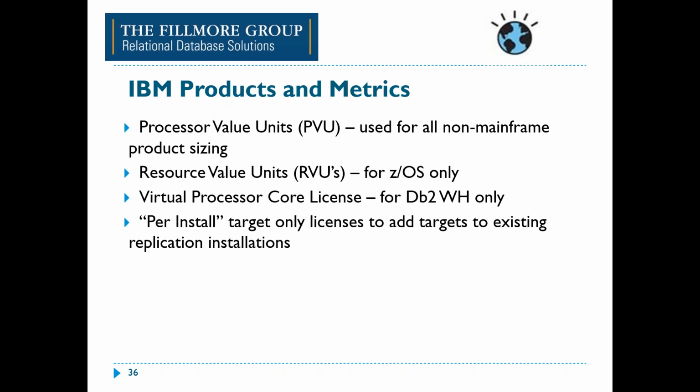So if you're looking at just getting a ballpark pricing, a sanity check, we want to just get some idea of what this is going to cost, you're going to need a little bit of understanding of what processor value units are, what resource value units are, and resource value units are based on mainframe MSUs, and there's a calculation, and understanding what a virtual processor core license is. So I think this is important, and if you're at all interested in digging into this, I would be more than happy to work with you.